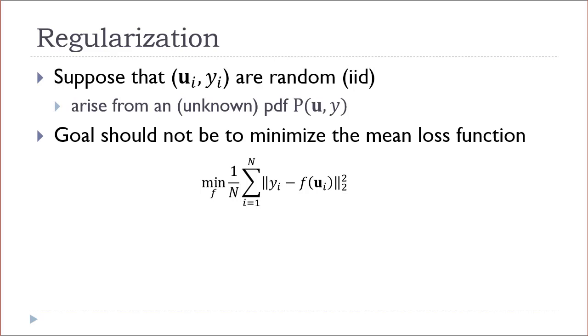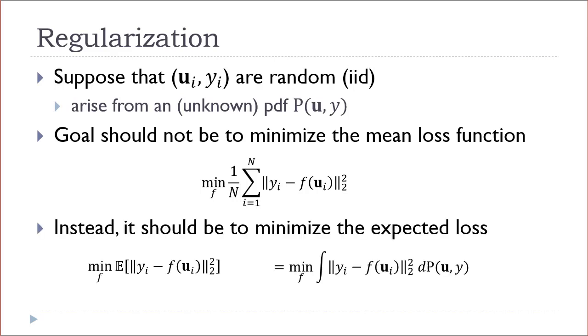So that is exactly what is going on here. We are using the empirical average of the loss instead of the expectation of the loss or risk, because we do not know the PDF p of u_i, y_i. Summarizing, ideally we should have been minimizing the expected loss, but since we do not know the distribution, we have settled for the empirical mean of the loss calculated over the training data, because as you can see, the expectation requires you to know the distribution p of u, y.